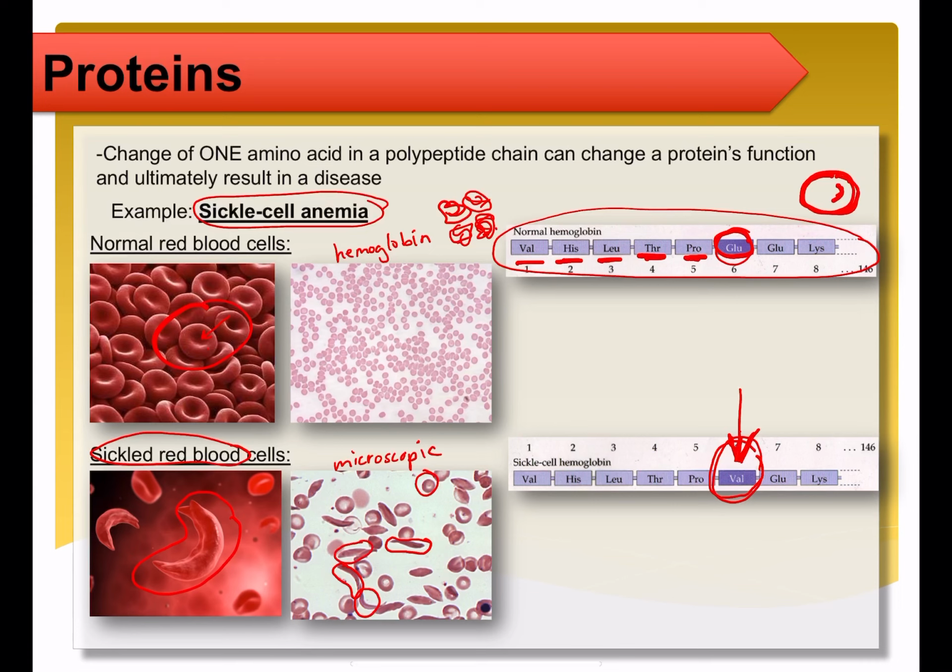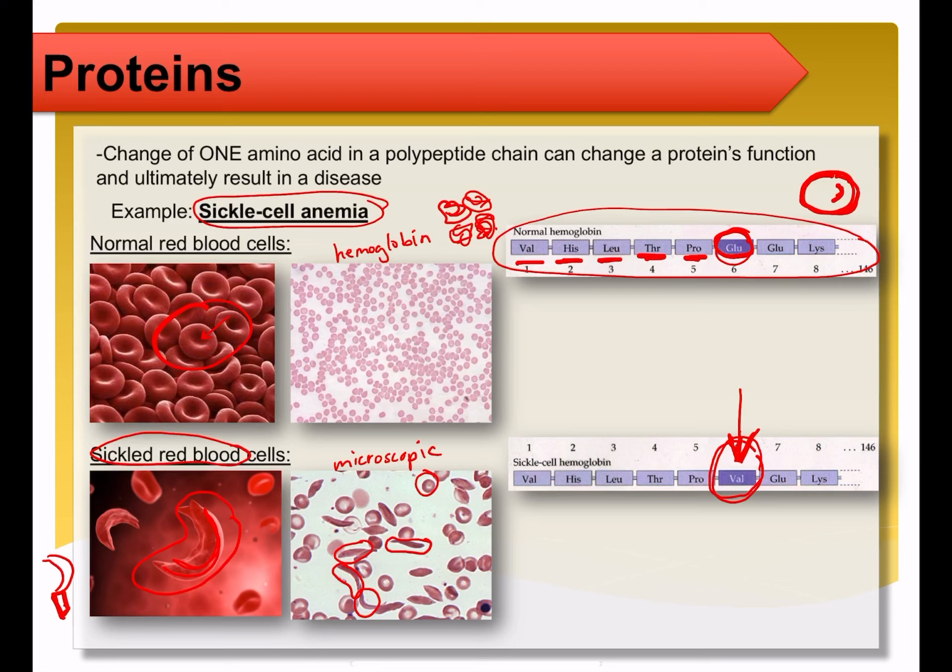Okay. And they're called sickle cells because the red blood cell is kind of shaped like a sickle. A sickle kind of looks like this with a little handle down there, for harvesting wheat or rice fields, things like that. So that's why we call it sickle cell anemia, because a red blood cell ends up looking like a little sickle.